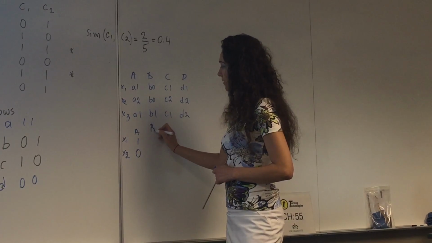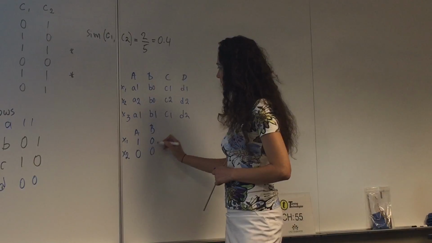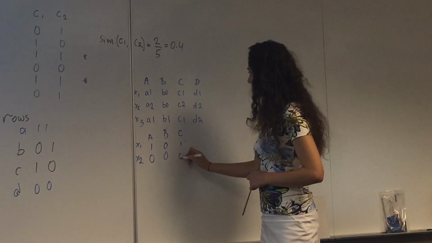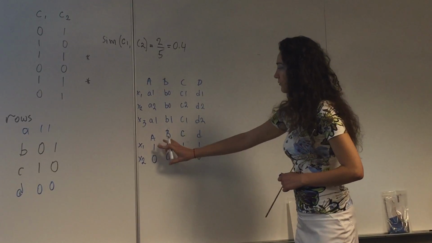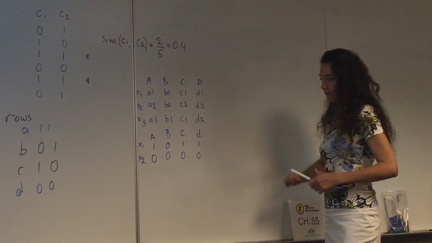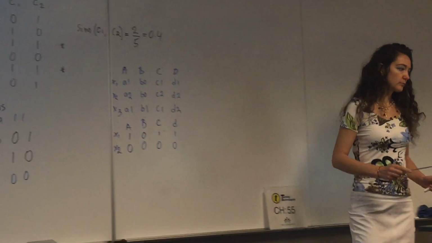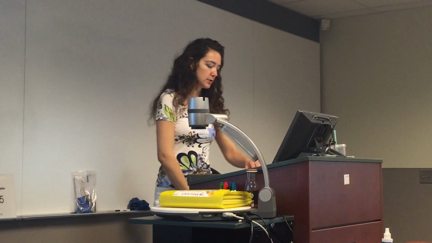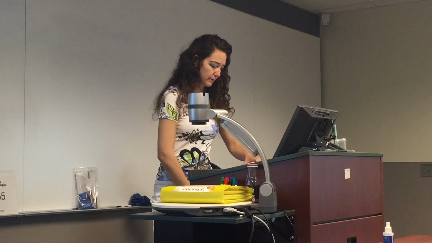On B, they are the same. On C, they differ. And on D, they differ. So these actually came out as rows and not as columns, because most of the data is like that. So they have to be flipped from row to column.